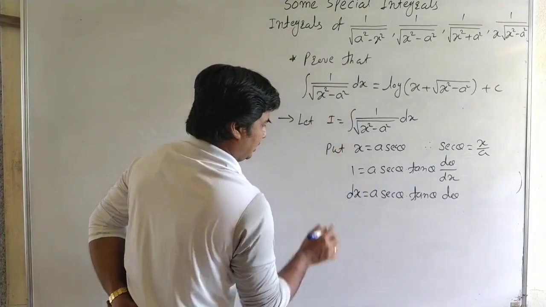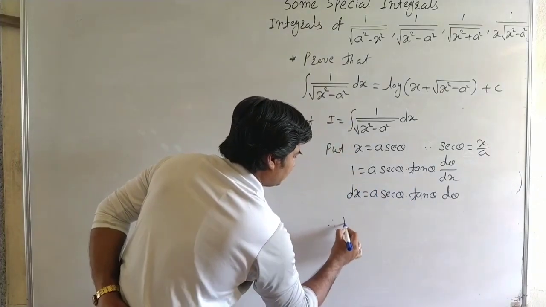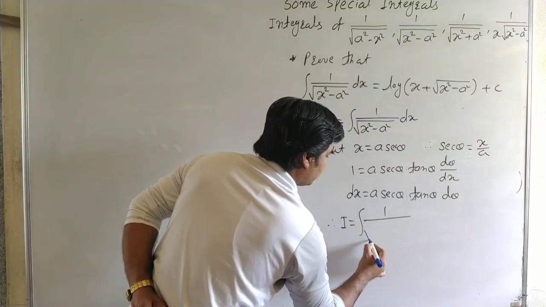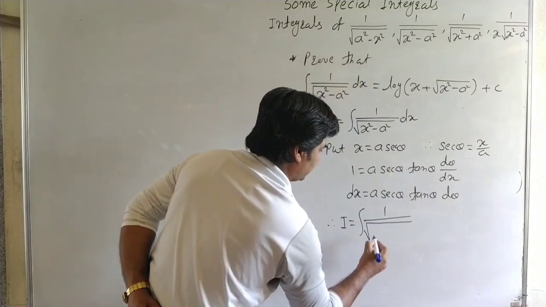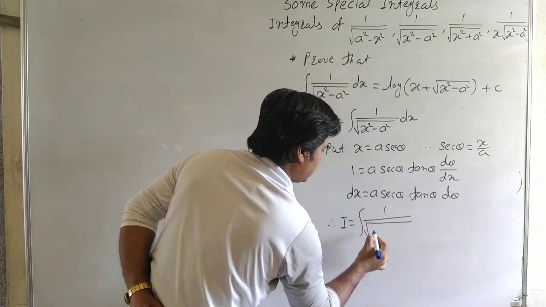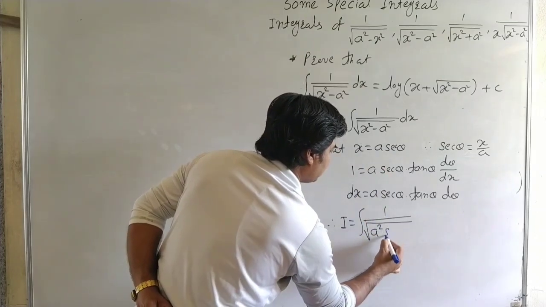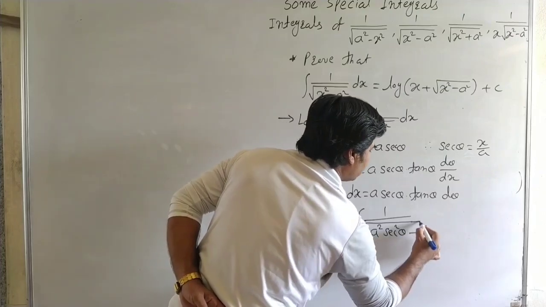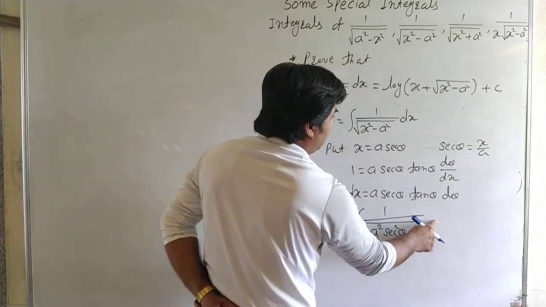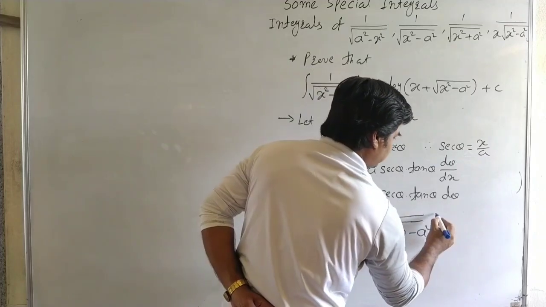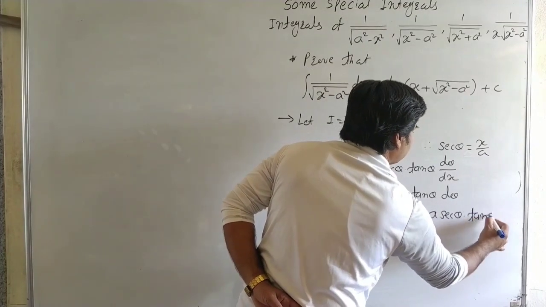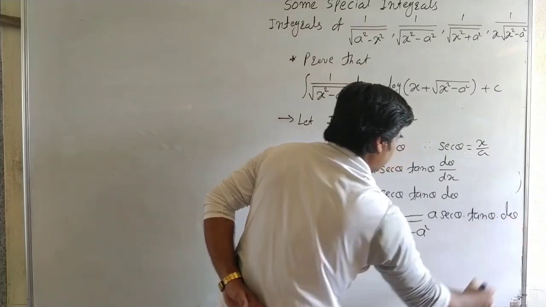Now put the value in the integral. Integral of 1 upon under root x square, and x is a sec theta, therefore a square sec square theta minus a square, and dx is a sec theta tan theta d theta. Okay, see carefully here.